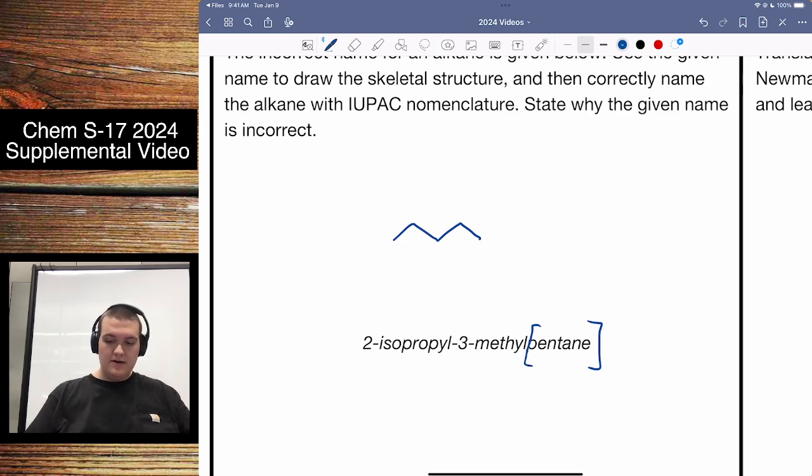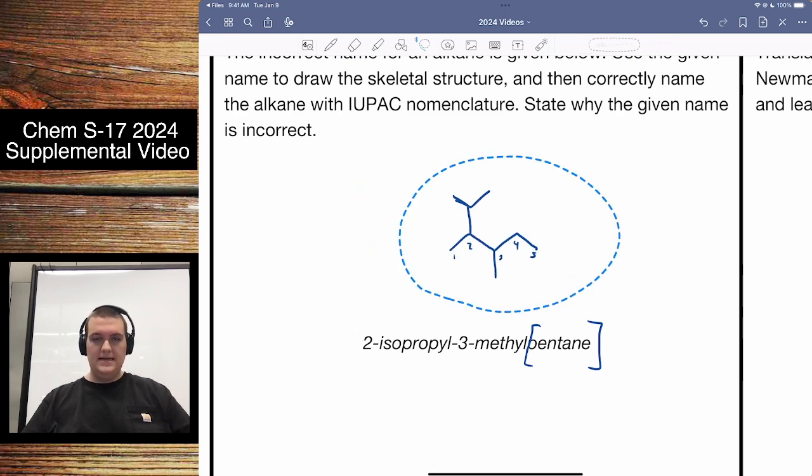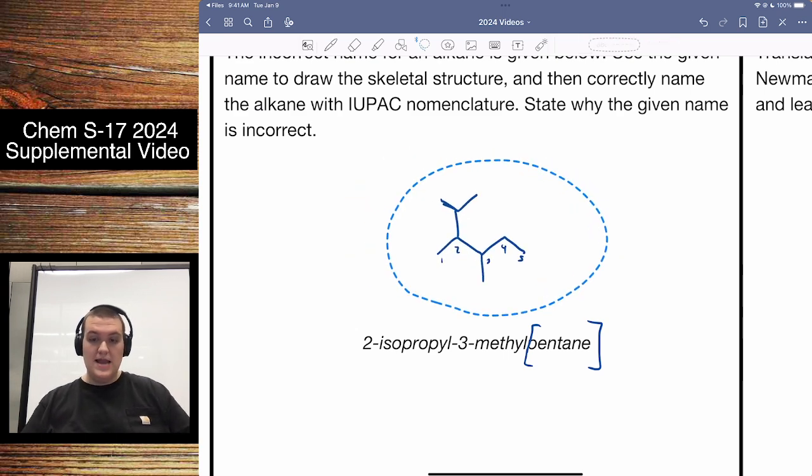So I'm just going to start numbering 1, 2, 3, 4, 5 like this. You could do it the other way, and it would be totally fine in this case. And then on 2, I'm going to put an isopropyl. And on 3, I'm going to put a methyl. So this is the structure that we now need to correctly name and figure out why it's wrong.